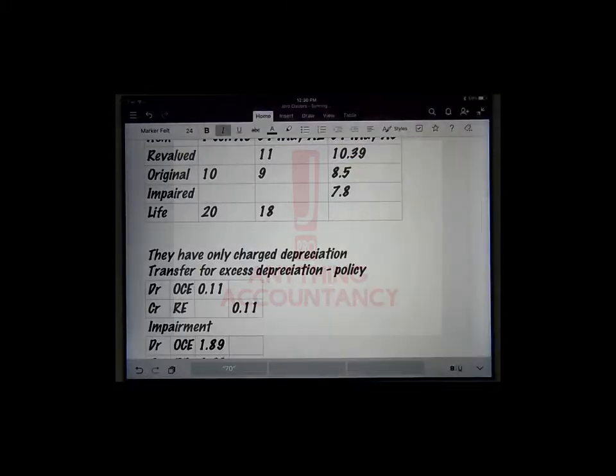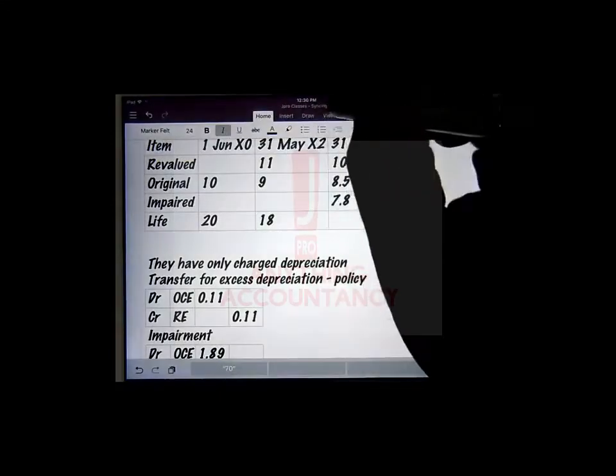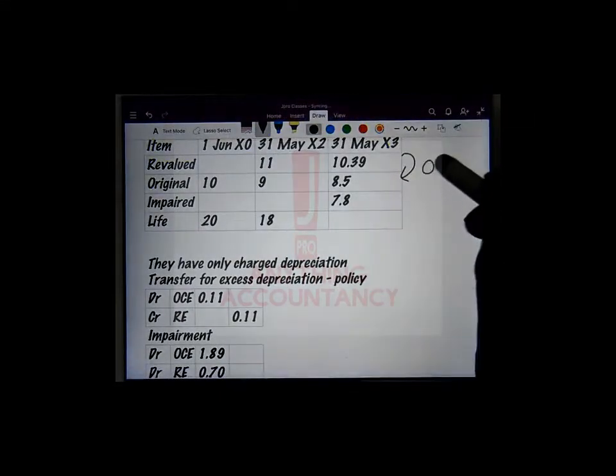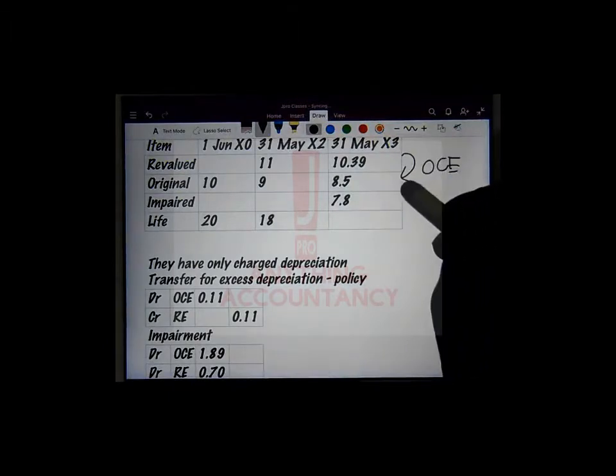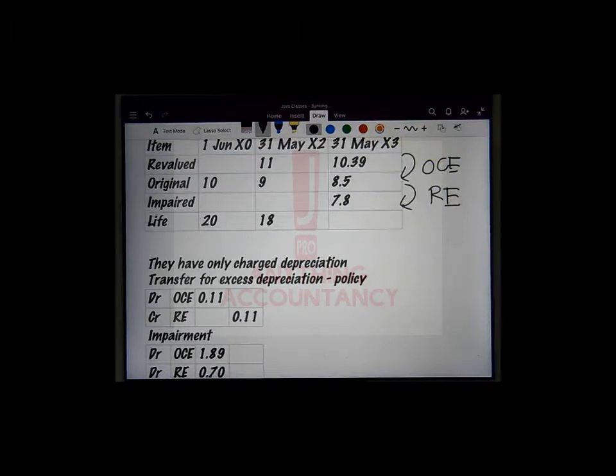Are you okay? From revalued, from here to here, OCE. From here to here, go to RE. Are you clear now?